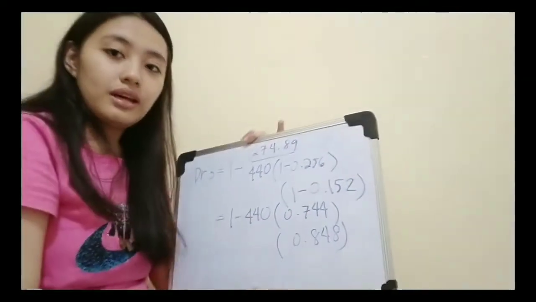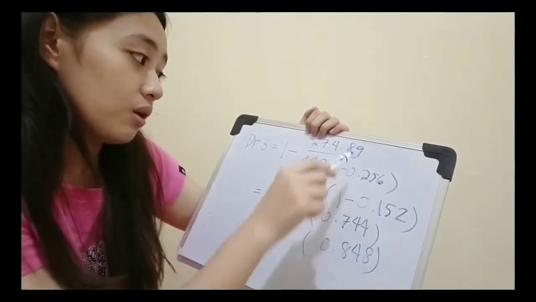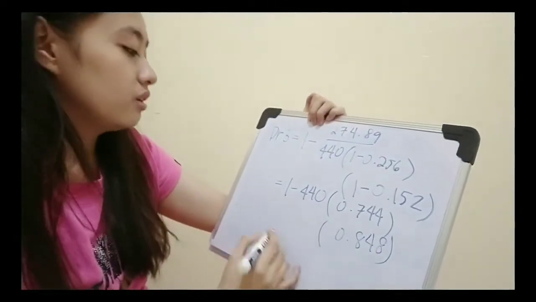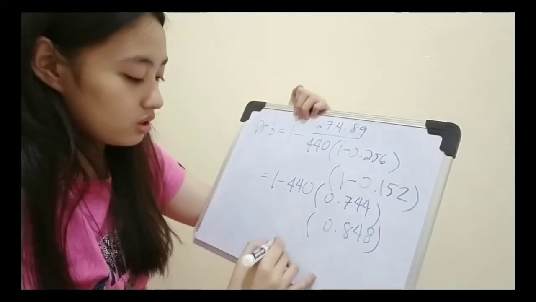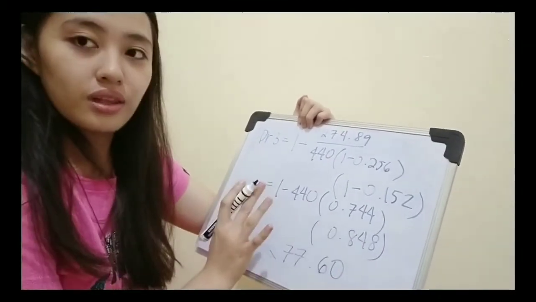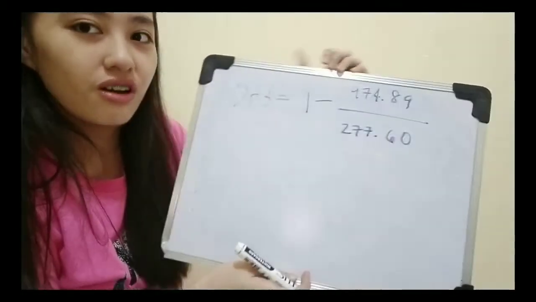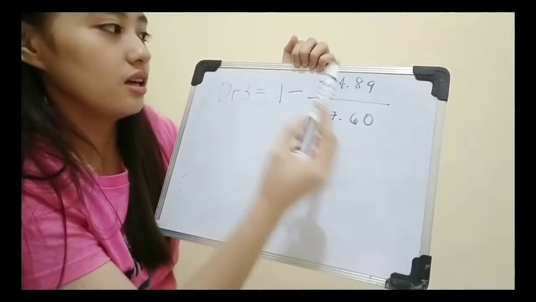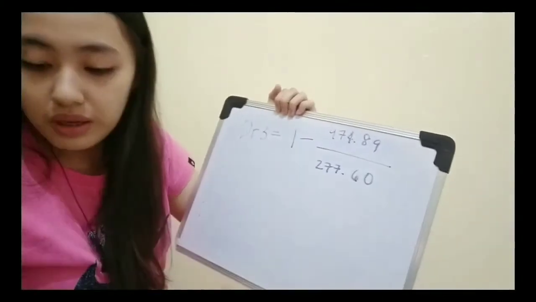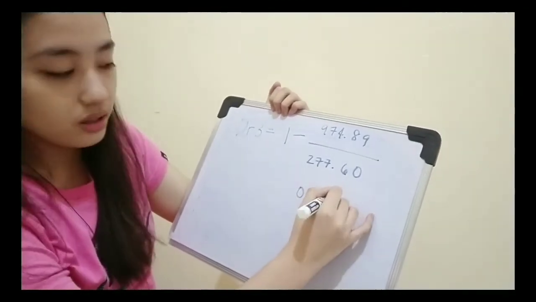And so, ngayon, ang gagawin naman natin ay mamultiply na lang natin sila. Yung 440, the list price, discount rate 1 and 2. And if multiplied together, it will be 277.60. Ito na yung kinalabasan. And then, now what we're going to do is to divide, and that would be equal to 0.99.